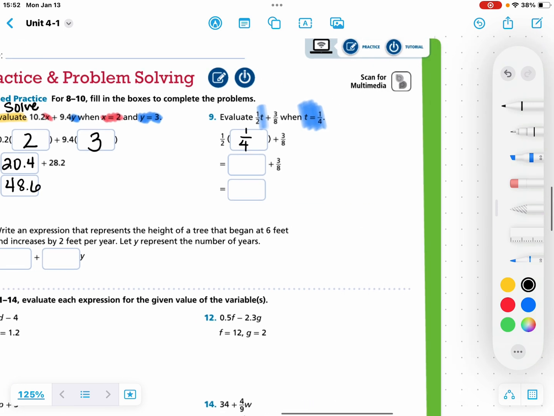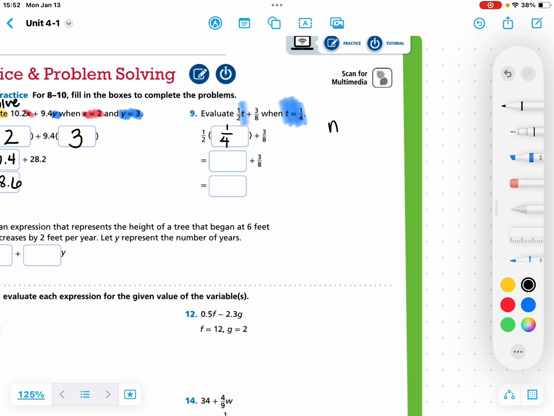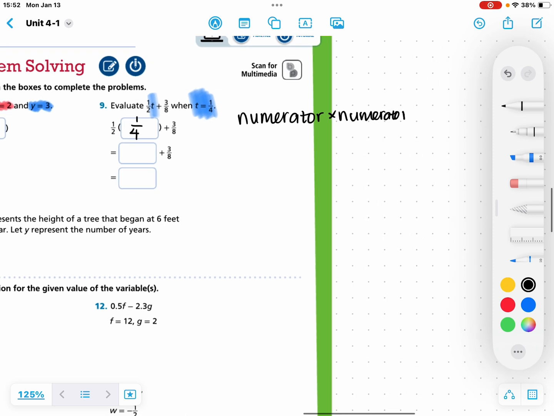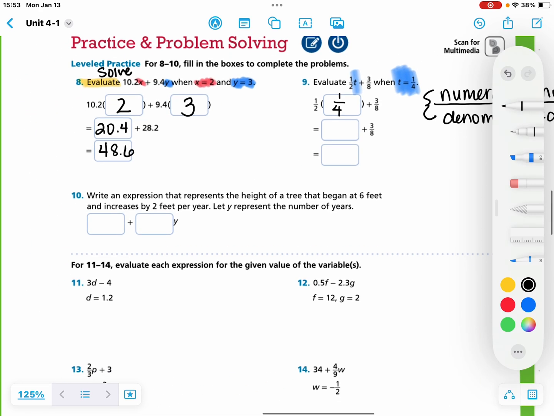Now keep in mind whenever you are multiplying by fractions, it's numerator times numerator as well as denominator times denominator. So just keep that in mind whenever you multiply by fractions. There is a rule, which is just numerator times numerator and denominator times denominator.